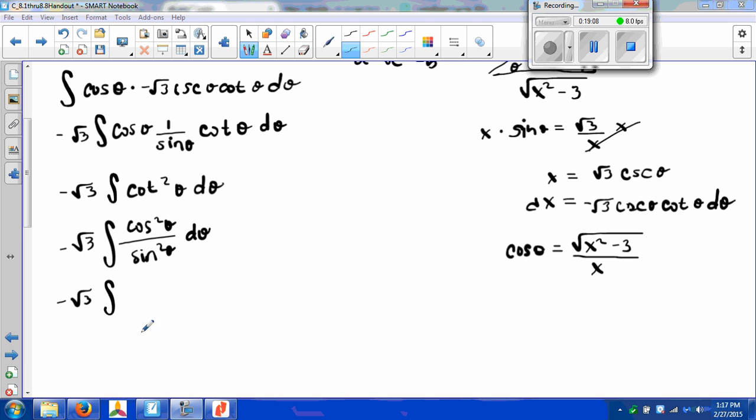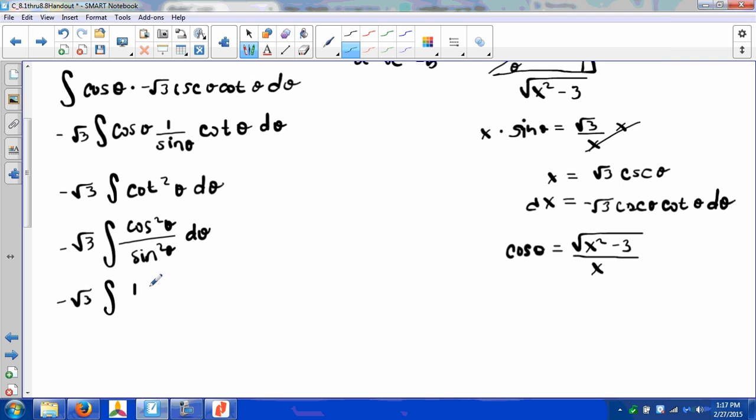I don't know if this is going to work, but it's good to experiment. Try and try again. So that's 1 minus sine squared theta over sine squared theta d theta.